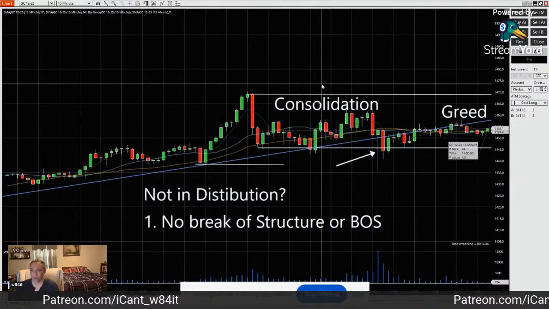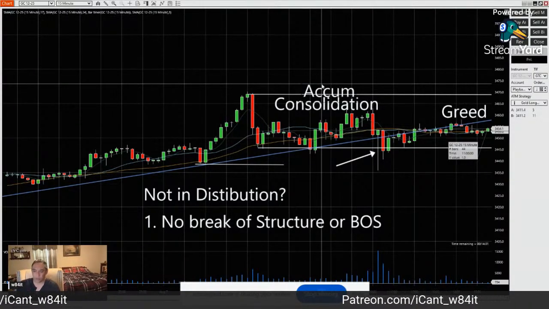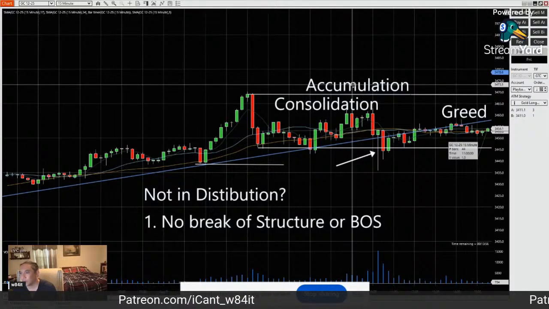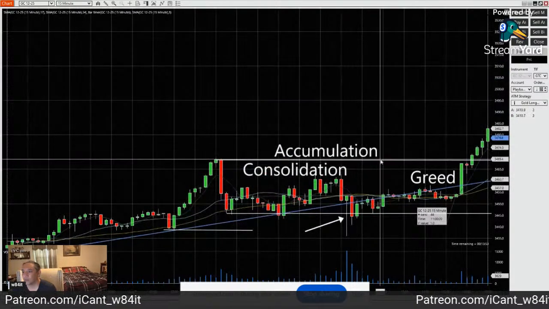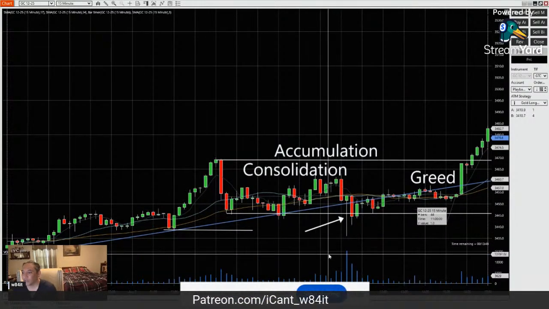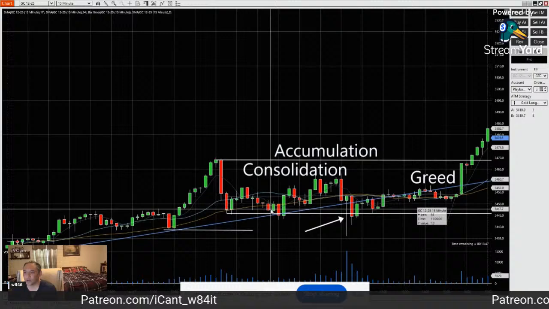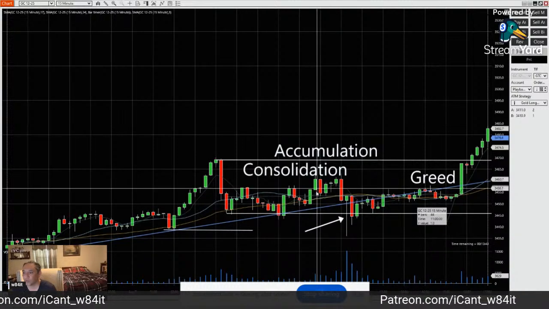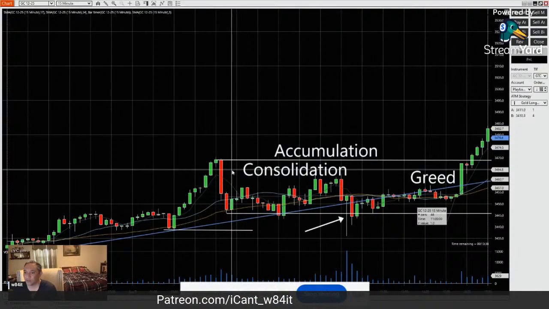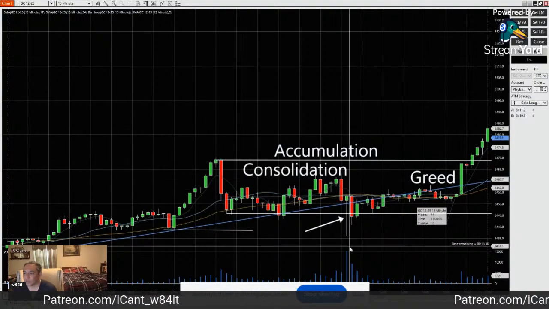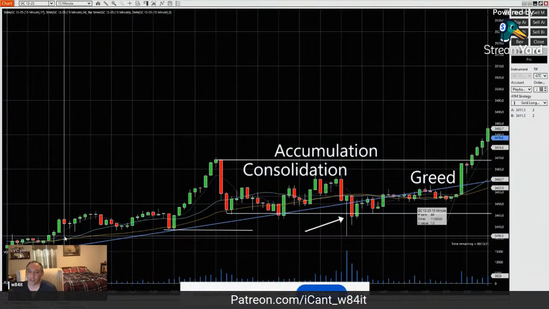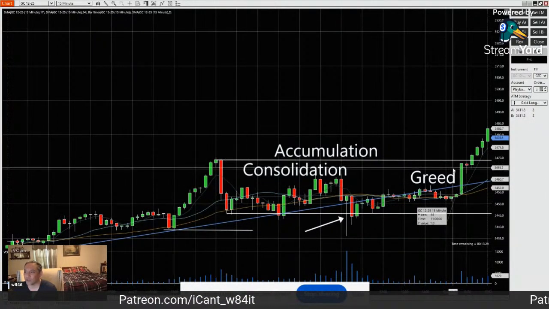So we're in accumulation, which means that we're gathering up shares, right? And right here you see the third proof that we're in accumulation or consolidation that's bullish. They would call this reaccumulation actually, because it's part of the bigger move here.